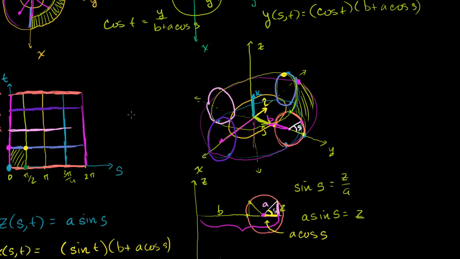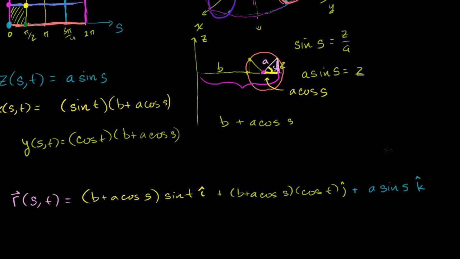So let's just make sure we understand what we're doing. If you pick that point right there, where s and t are both equal to pi over 2, and you might even want to go through the exercise, take pi over 2 in all of these. Actually, let's do it. So when we evaluate r of pi over 2, what do we get? It's going to be b plus a times cosine of pi over 2. Cosine of pi over 2 is 0, right?